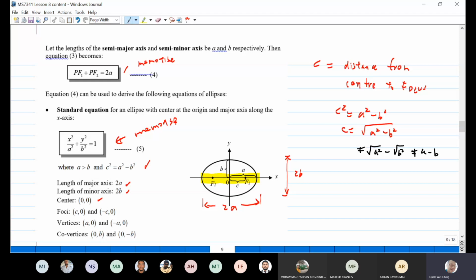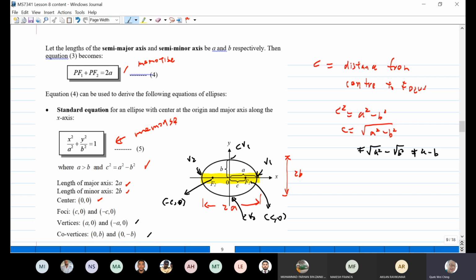So from here, you can find out what F1 and F2 are, right? This point here is (c, 0). This point here is (-c, 0). c is the distance from the center. So you have the center, the vertices V1 and V2, and the co-vertices CV1 and CV2, okay, co-vertex here.